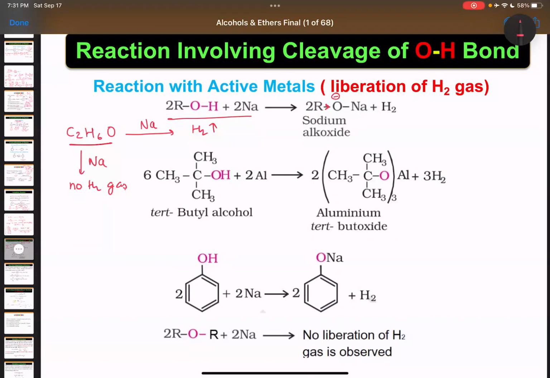Yeah, tell me. Vamsi, Memuna. So not alcohol. If it is not alcohol, then which one? Which is the other isomer of alcohol?